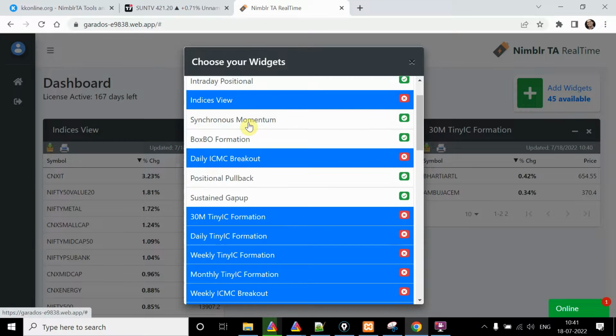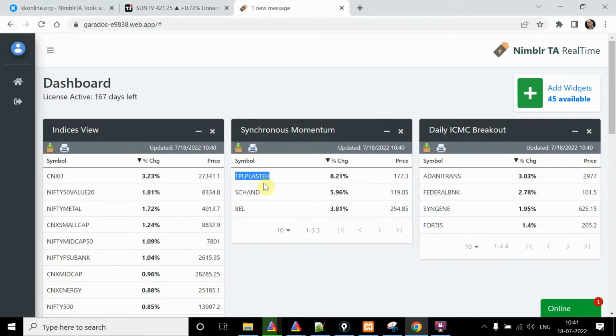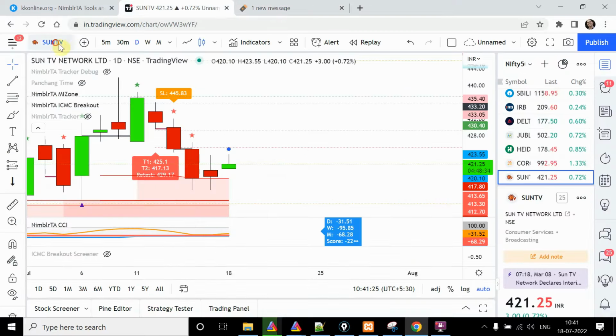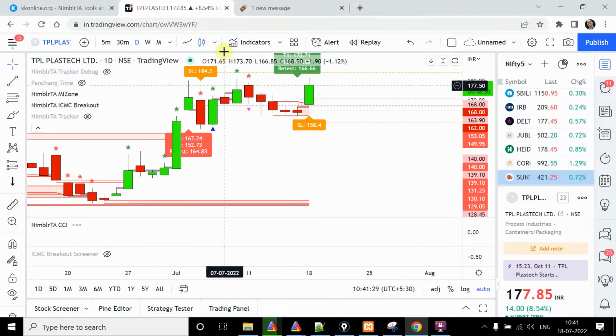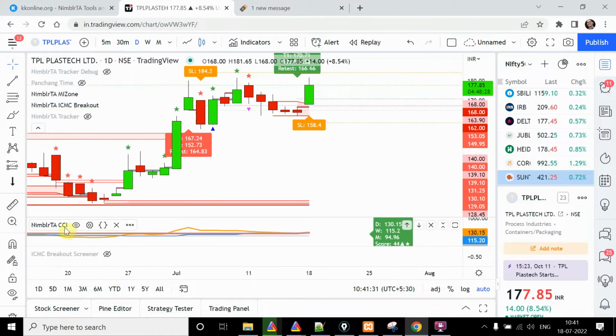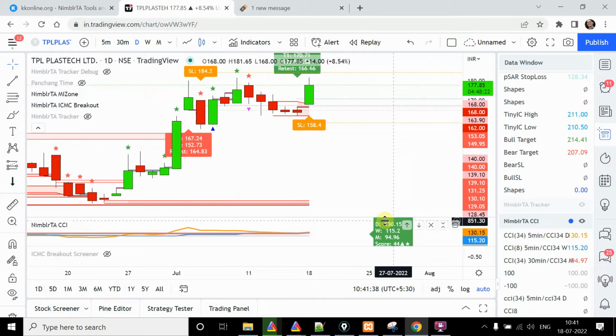Next, coming to another widget over here, synchronous momentum. So let's see where the synchronous momentum is right now on 18 July 10:40. So I am right now at 10:41 and 10:40 was the last minute where I got this information. So TPL Plus over here, I am getting this information. I have applied the NimblrTA CCI indicator, and over here, if I just go to my values, I can see exactly where these values are.